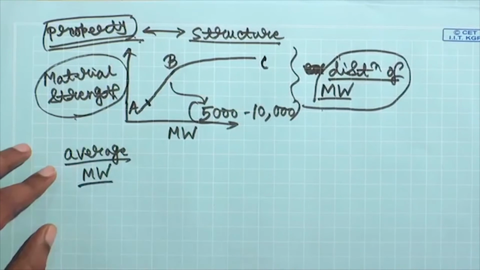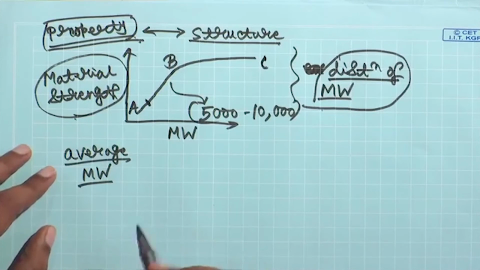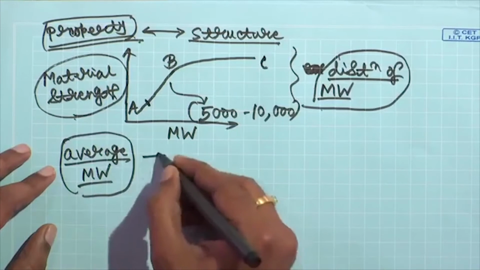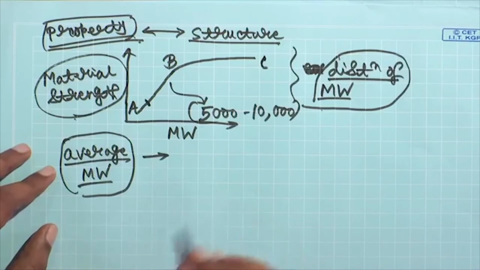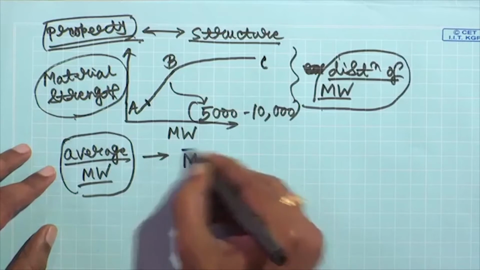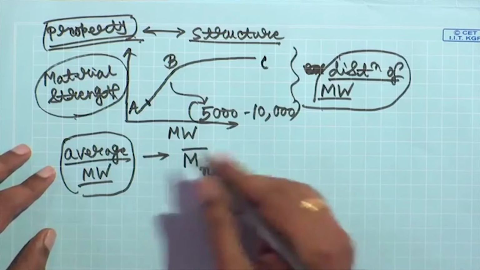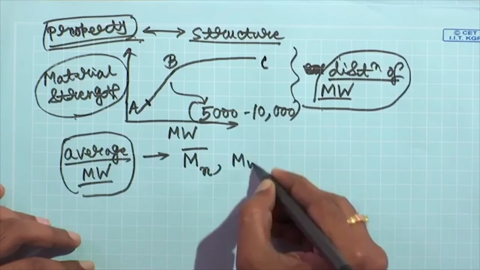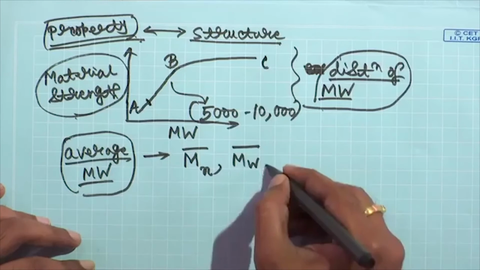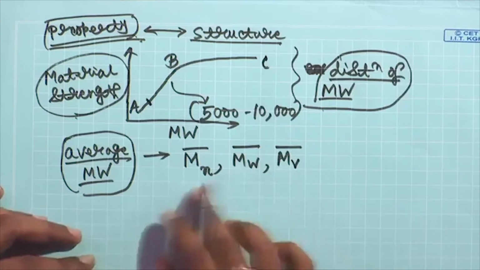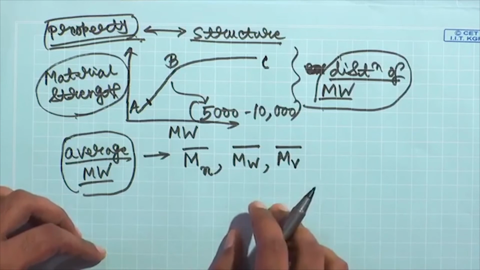When we say average molecular weight, there are different kinds of averages that we deal with. One of them is number average molecular weight, which we can designate as Mn bar. Then we can have weight average molecular weight, and viscosity average molecular weight. These are some of the main molecular weight averages.